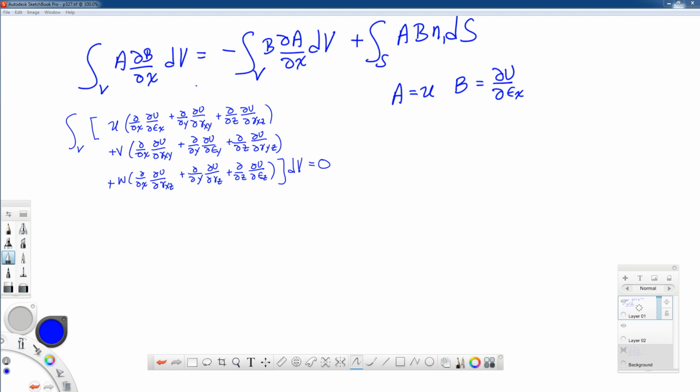Okay, so we're only going to look right now at this U multiplied by this term right here. So here we have the partial with respect to x of this term. That's the B, and then the U is the A. So that's the equivalence that we have going on here.